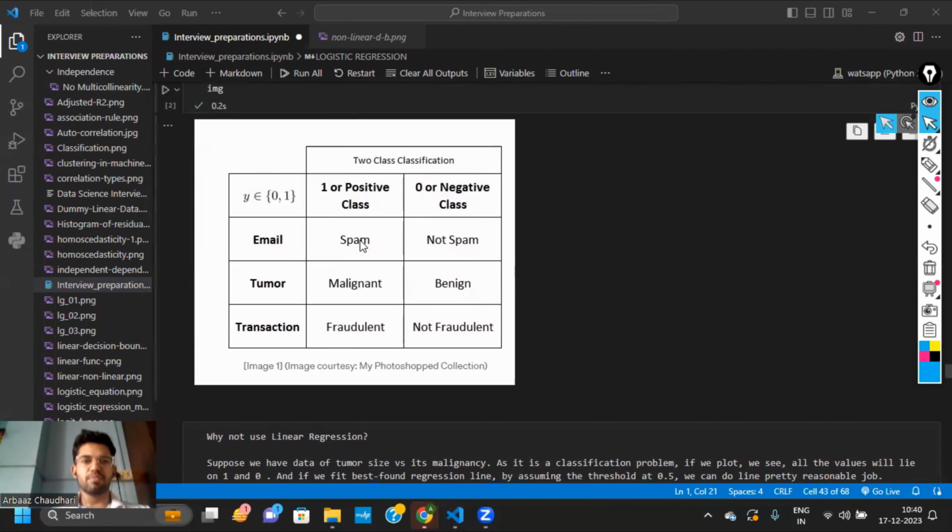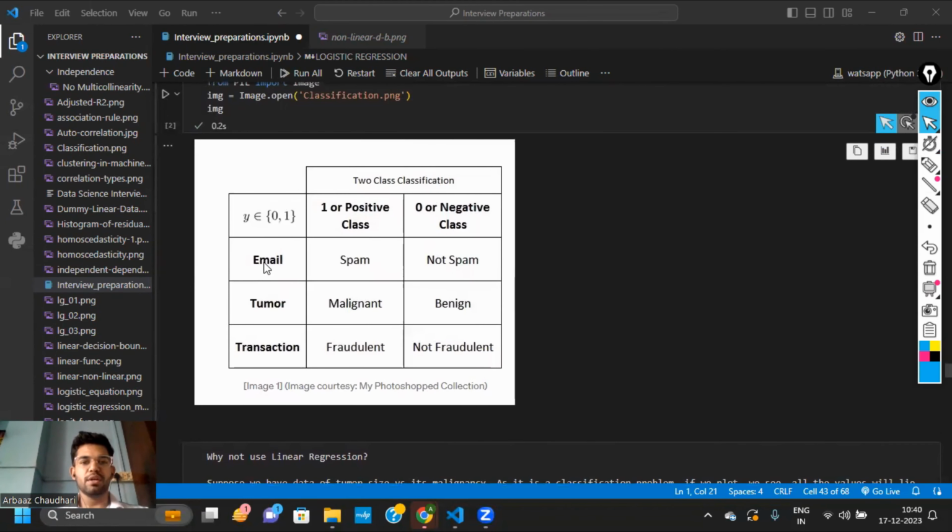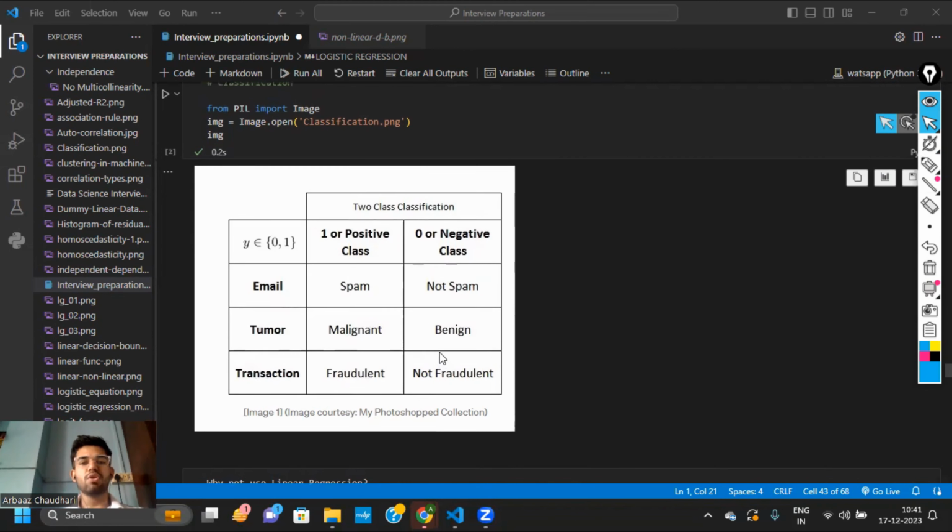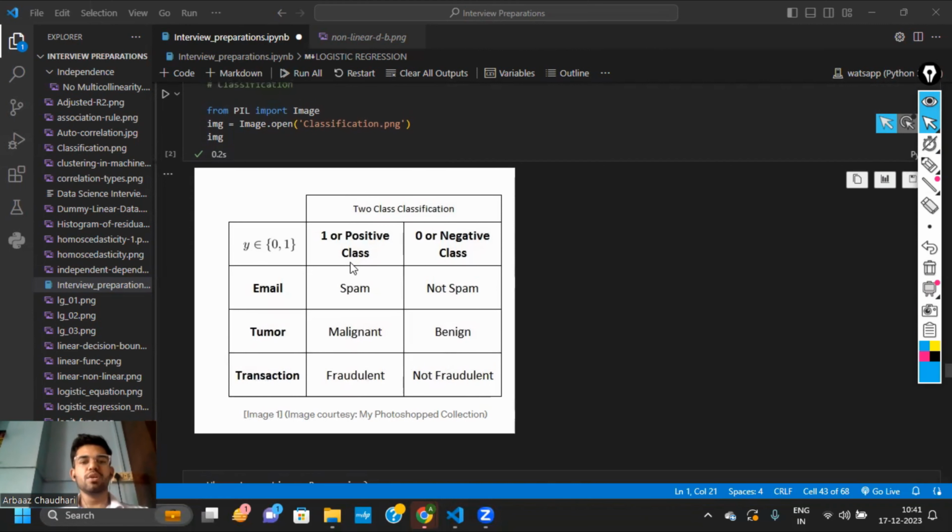Let's check out this image. Like we saw the examples of classification problems: an email can be spam or not spam. Then we saw the tumor: a person can have a malignant tumor or a benign tumor. So these two are the classes. Then a transaction can be fraudulent or genuine.